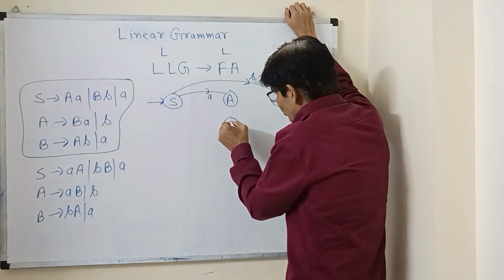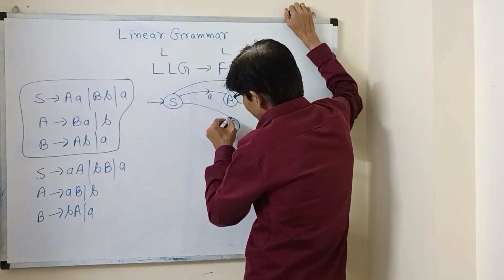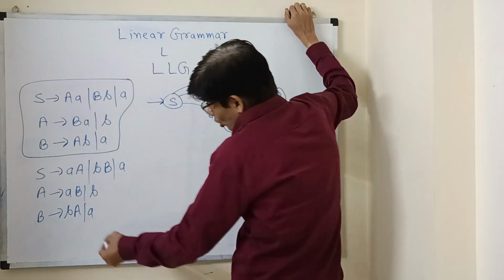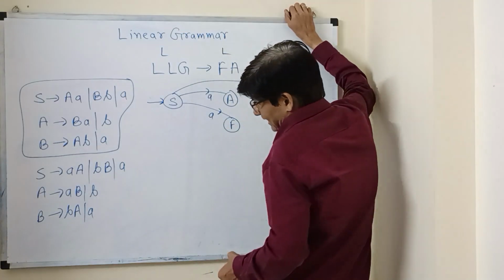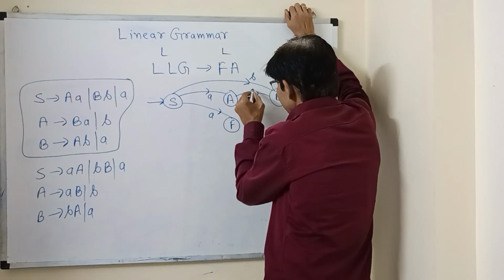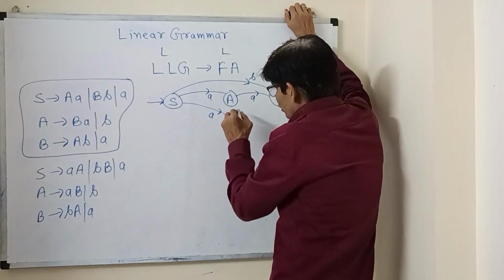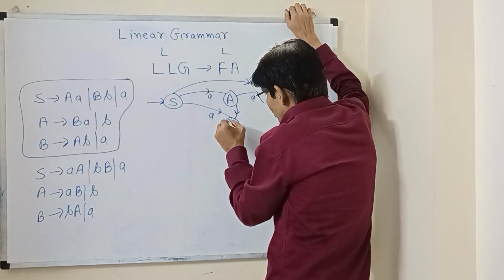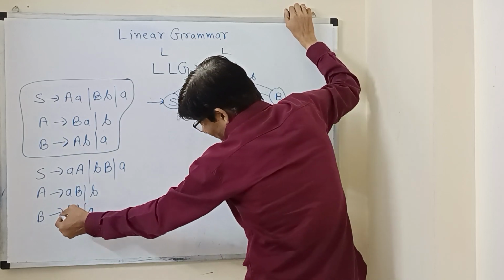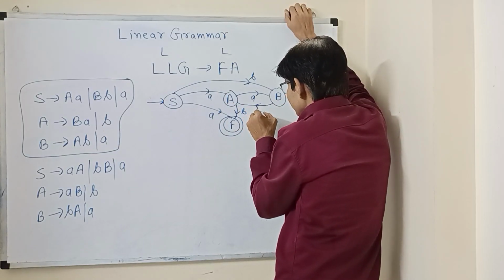So I can create one more state here, a final state, and now I can create one transition of A from this S. Now on A, if we are applying small a, we are moving to B. So I can create one transition like this, A. Then A gives A gives B only, so I can create one transition to the final state directly, B. Now on B, if we are applying a small b, we are moving to A. So I can create one transition like this.